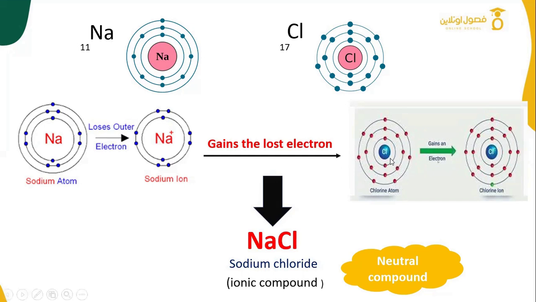Chlorine atom gains 1 electron, so chloride ion has 1 negative charge above it. So finally, in the sodium chloride molecule, the positive charge is equal to the negative charge, so we can call it a neutral compound. Okay?